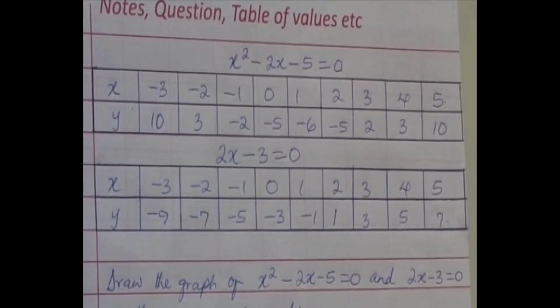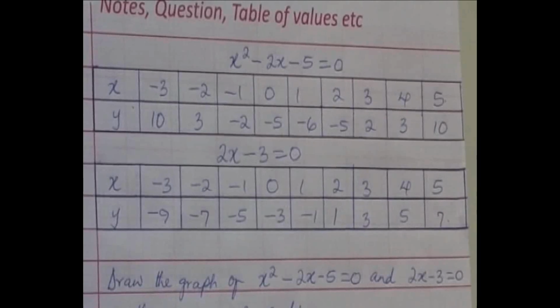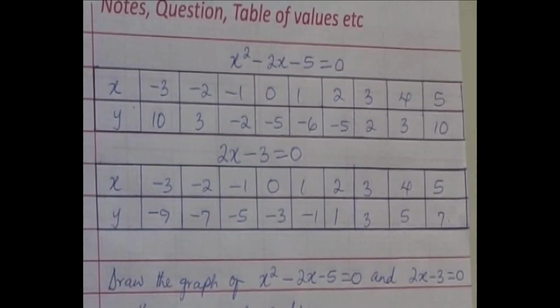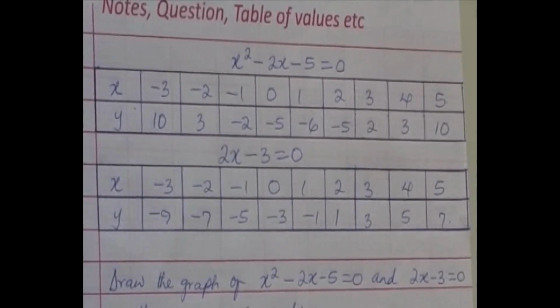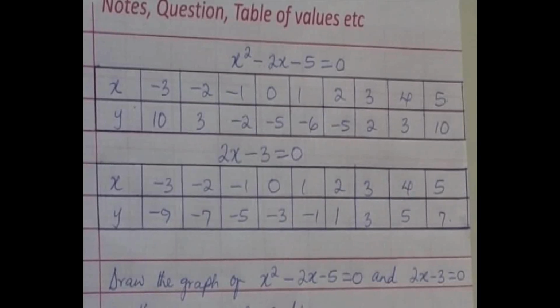You could see that the highest value of x is 5, while the smallest value of x, or the minimum value of x, is minus 3. So when you are calibrating on your graph paper, each of these big squares you are seeing on the graph paper measures 2 cm.